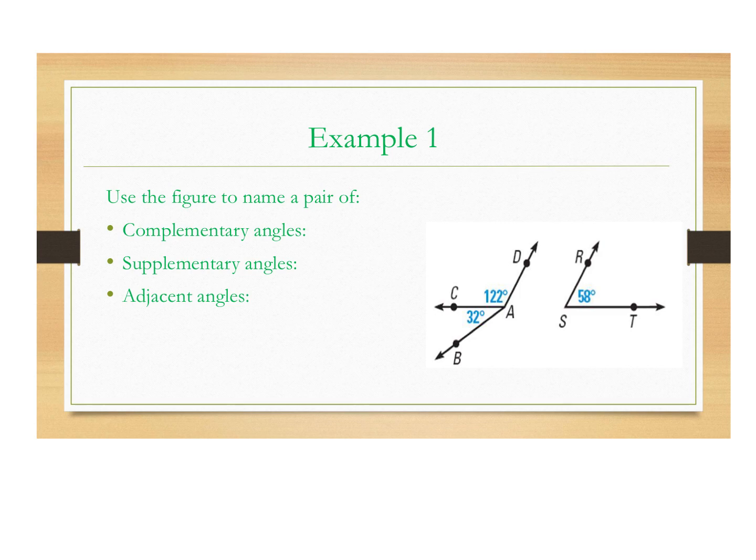So notice I've got a 32 degree angle right here in my angle BAC or CAB, and then I've got a 58. So if I go ahead and add 58 plus 32, I get 90 degrees.